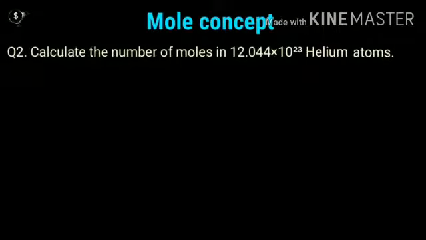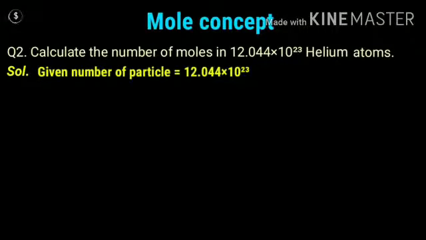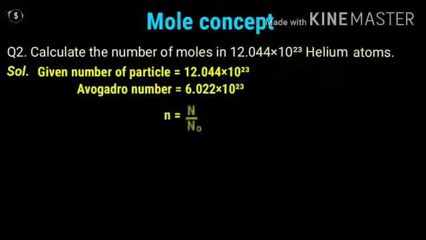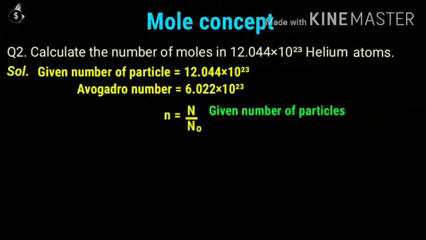Numerical number 2: calculate the number of moles in 12.044 into 10 raised to the power 23 helium atoms. The given number of particles N equals 12.044 into 10 raised to the power 23. Avogadro number N0 equals 6.022 into 10 raised to the power 23. Which formula will we use? n equals N upon N0.